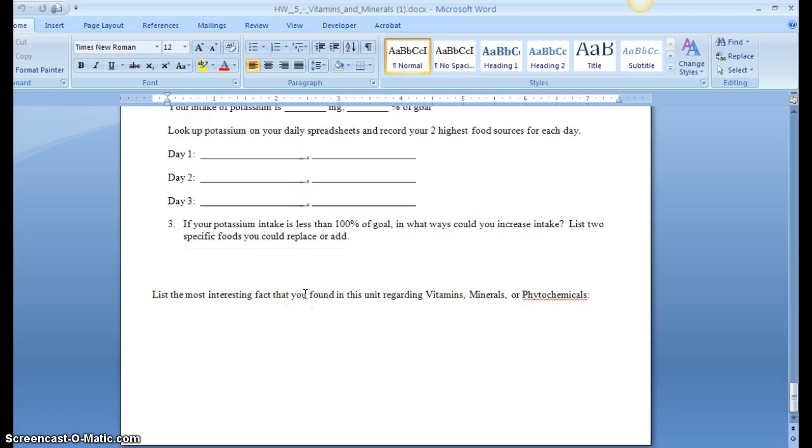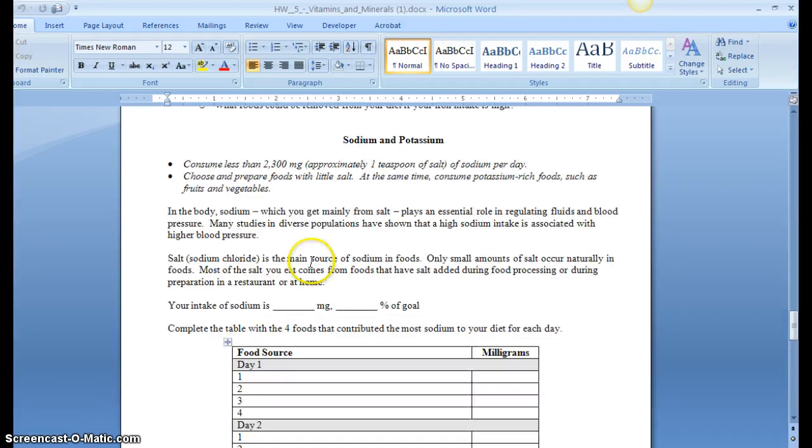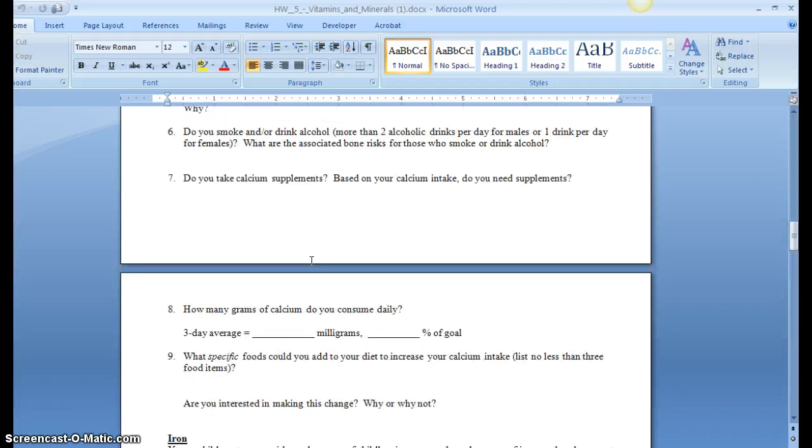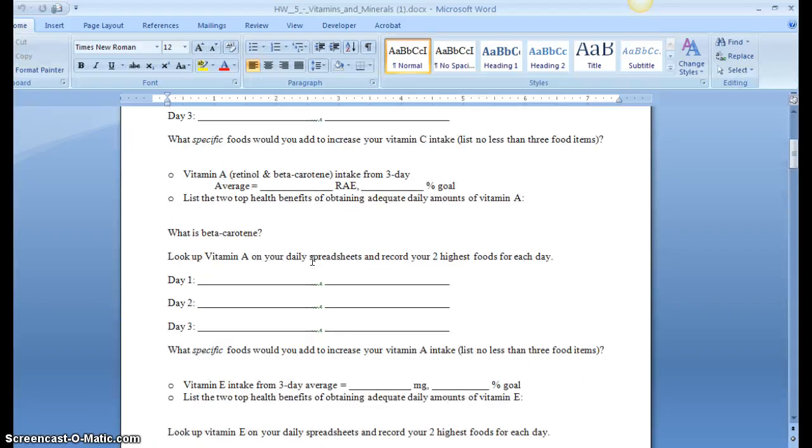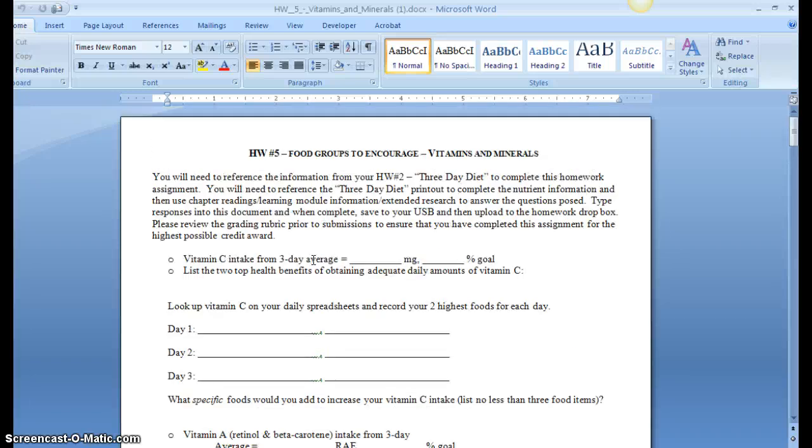So that's an interesting fact, and filling out the information on potassium should help you. This is obviously not all of the vitamins and minerals, but I've taken a sampling so you can become aware of the interaction that occurs with the combination of foods that you eat on the absorption of vitamins and minerals into your body.